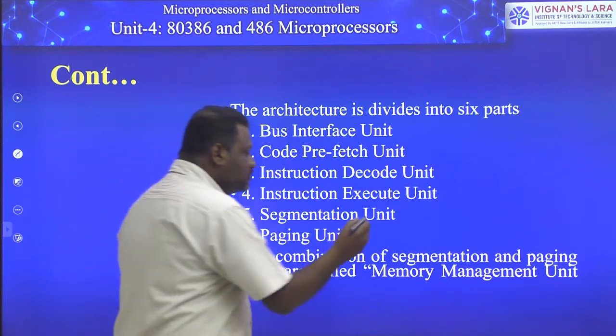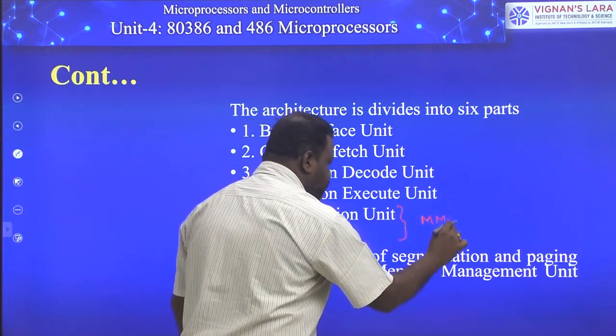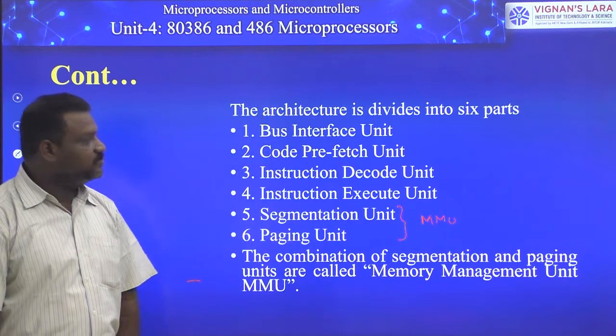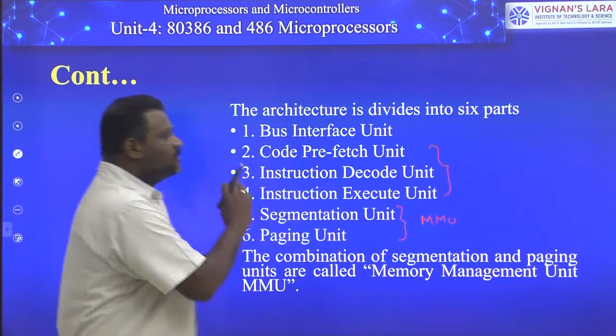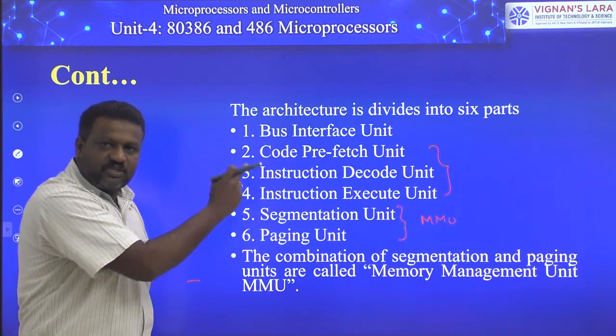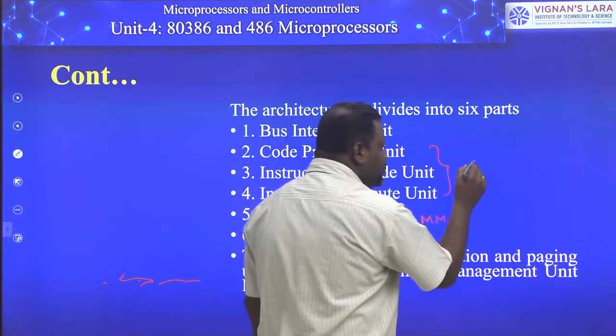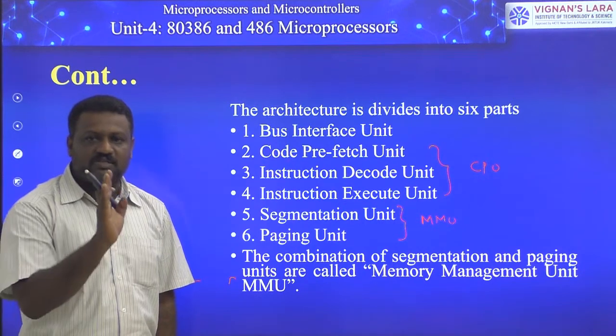I already told you the combination of these two we call the MMU, the memory management unit. And these 3, the code prefetch unit, instruction decode unit, and instruction execution unit, we call the central processing unit, CPU.